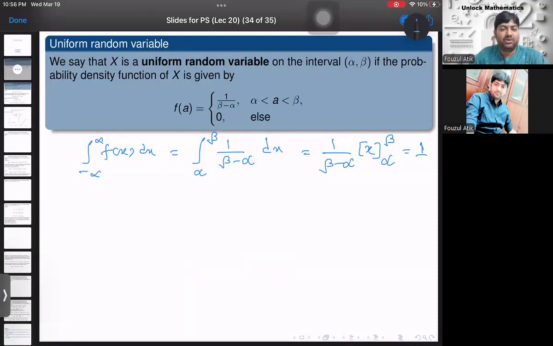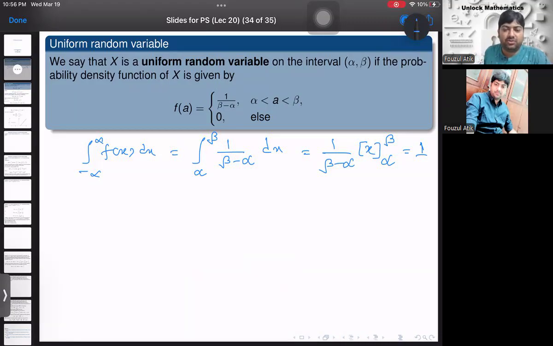A continuous random variable whose probability density function is this is called a uniform random variable. Now, once we discuss a random variable and its probability density function, we should always think about its distribution, that is, the cumulative distribution function.